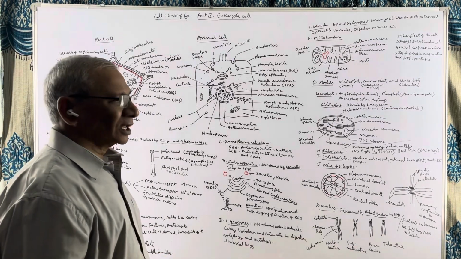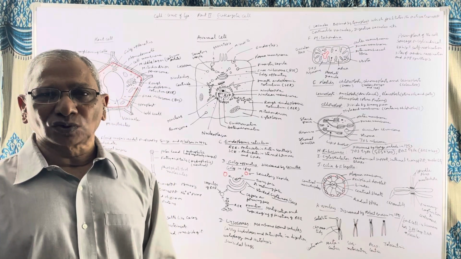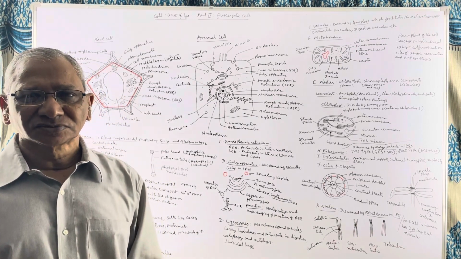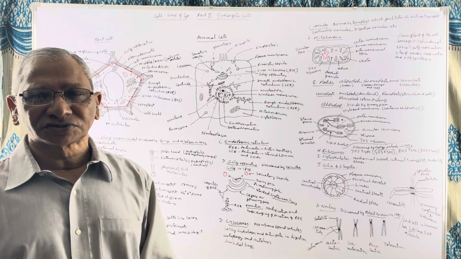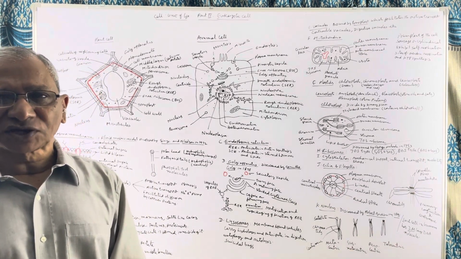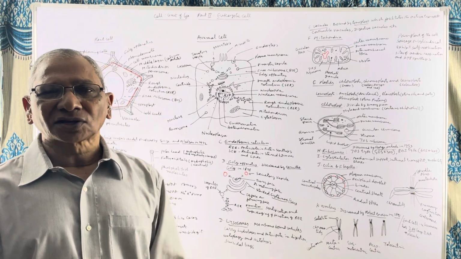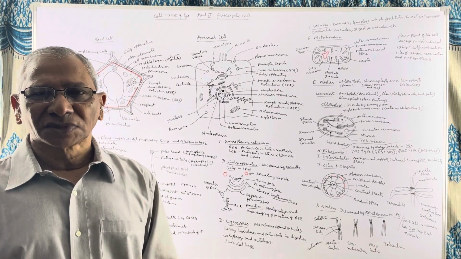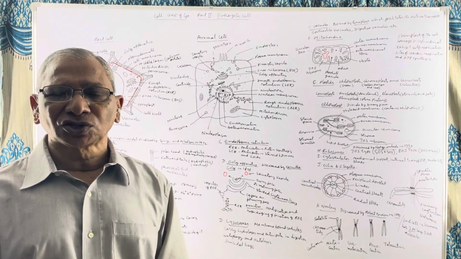Then, in the animal cells, we come across mainly two types of vacuoles, which are very small in size. They are called contractile vacuoles and food vacuoles. The contractile vacuoles are present in freshwater organisms. They expel the water entering the body through endosmosis.